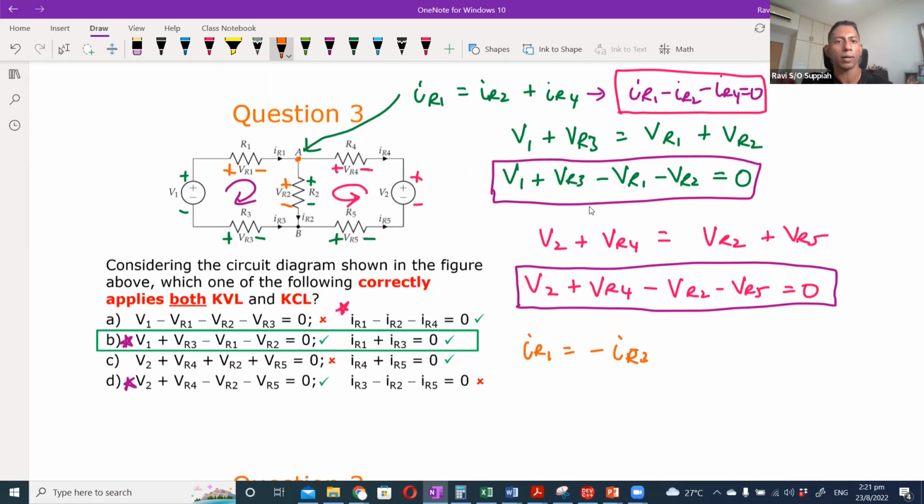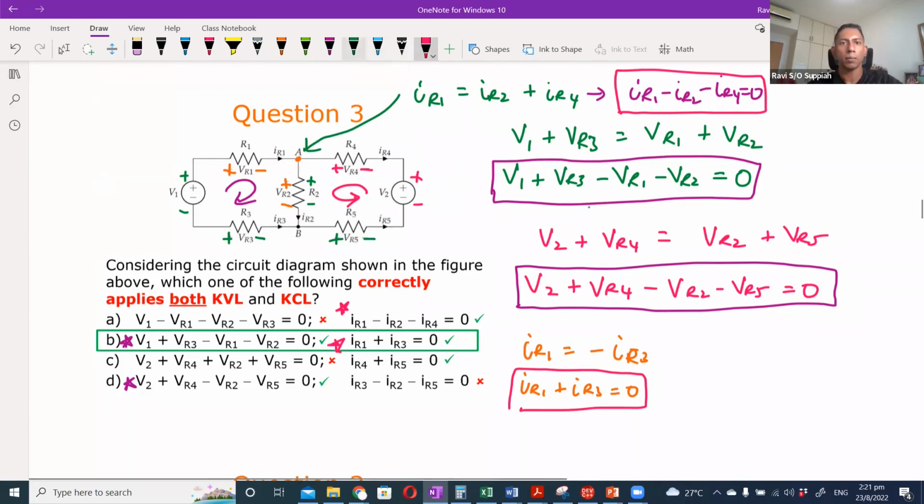Both are the same current because they are in the same branch, but their arrows point in opposite directions. In magnitude they are the same, but in direction they are opposite. If I rearrange, I get IR1 plus IR3 equals 0. That is this expression here.